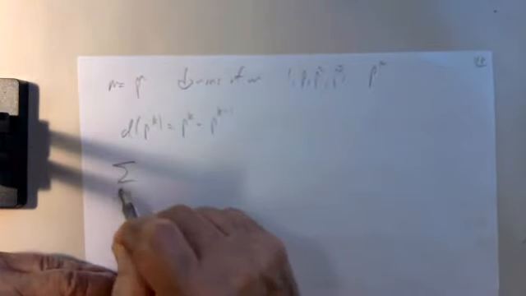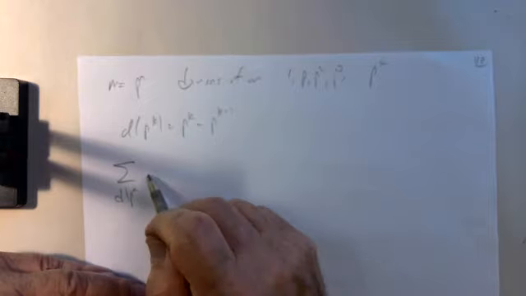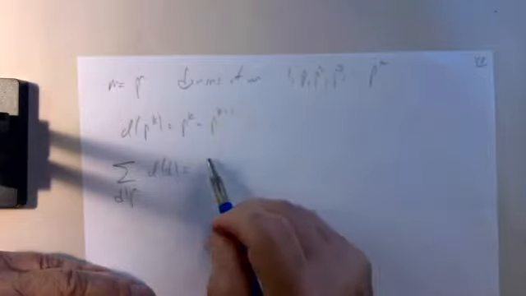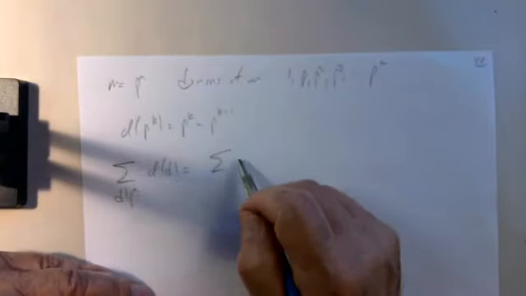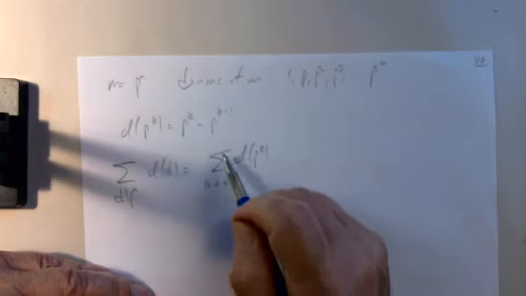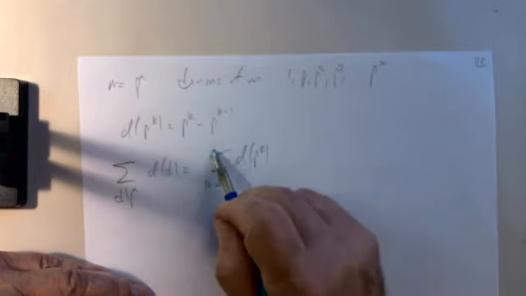So if I sum over all the divisors of p to the r of phi of d, the divisors of p to the r are just the sum of phi of p to the k, where k goes from 0 up to r.